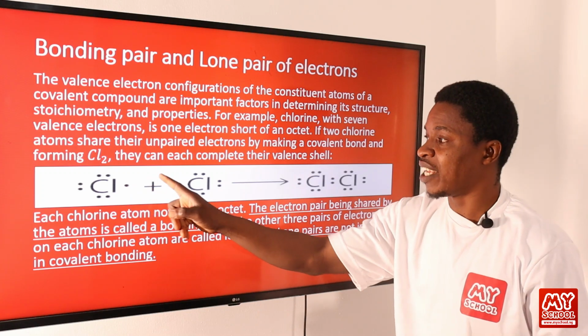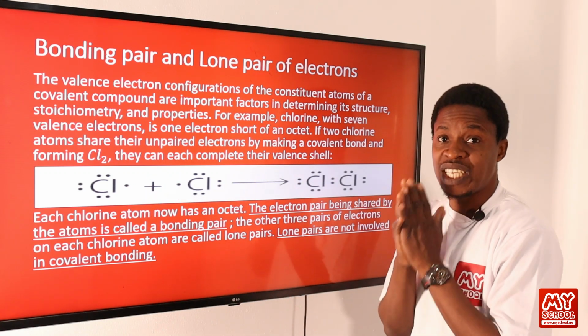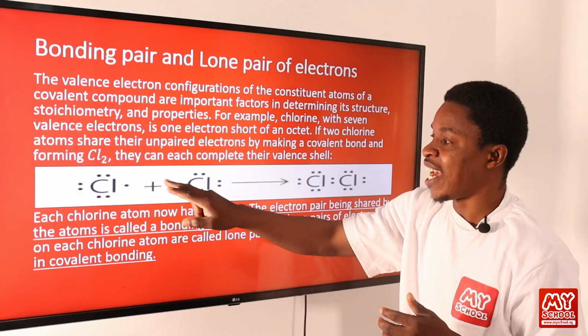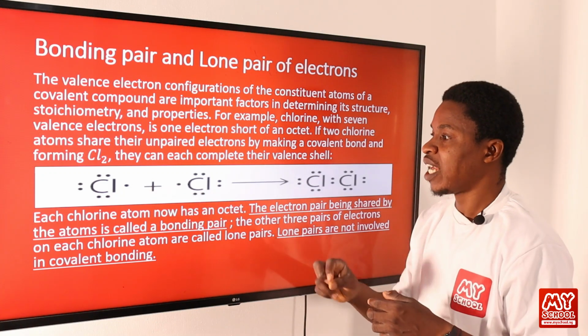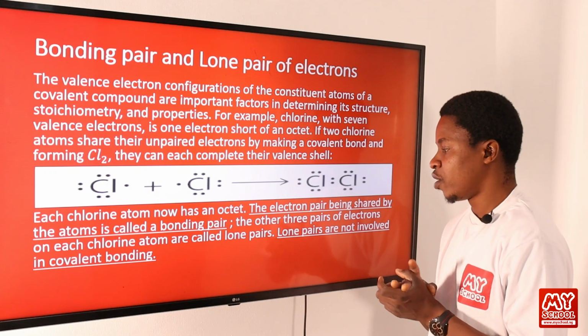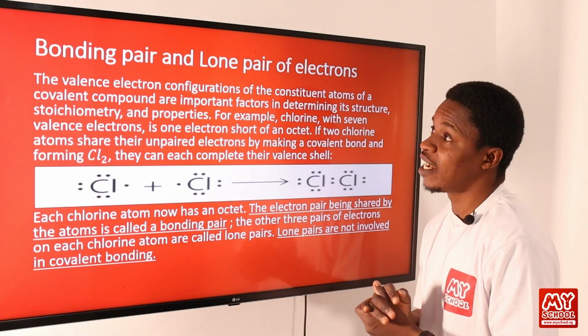So these electrons that are being shared together, when they combine together, is what we call bonding electrons, while these other electrons outside here that do not directly participate in the bonding are what we call the lone pair of electrons. Lone pairs are not involved in covalent bonding. Let's move on to the next slide.